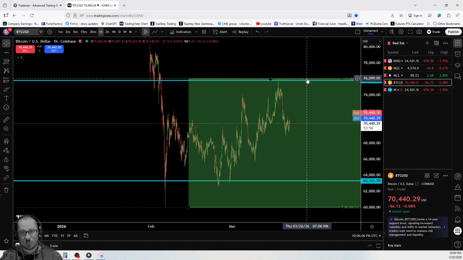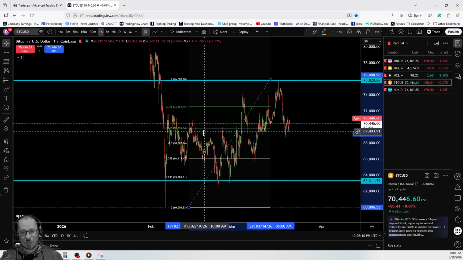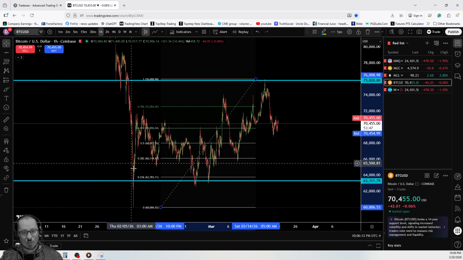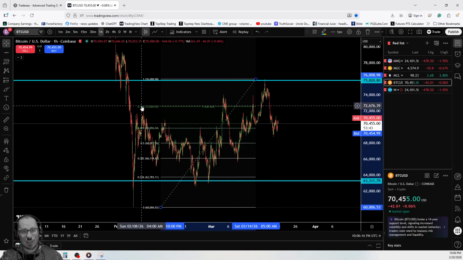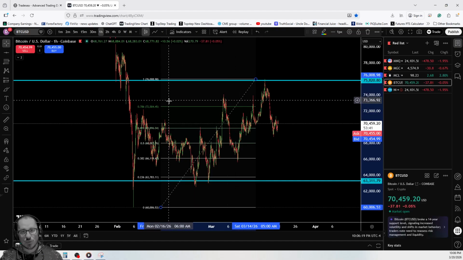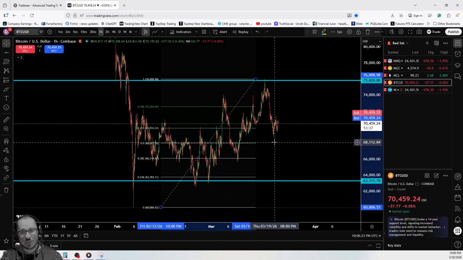So if this is the bottom and we're making our way up, this is 80% retracement, right? And it already went to the 100. So basically we're making our way down now, right?